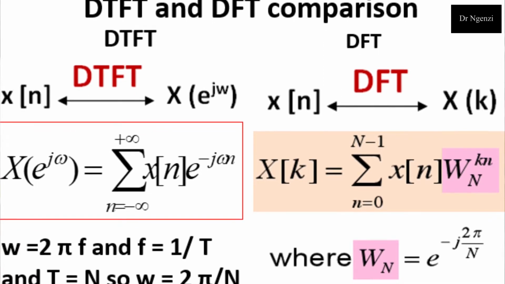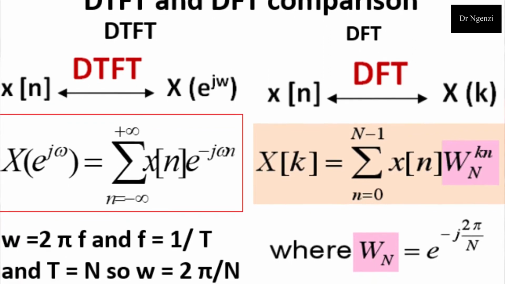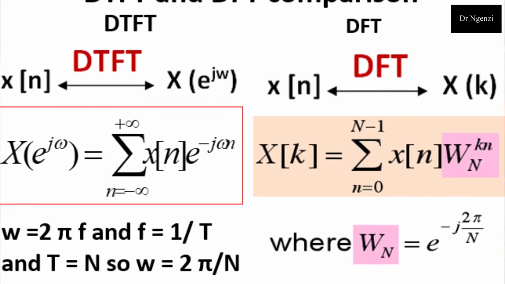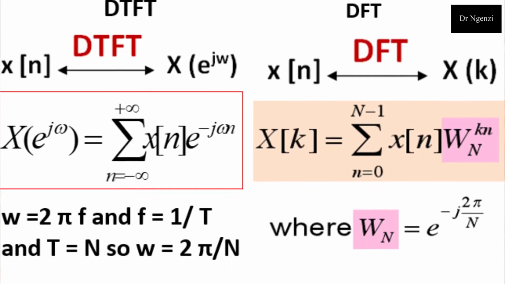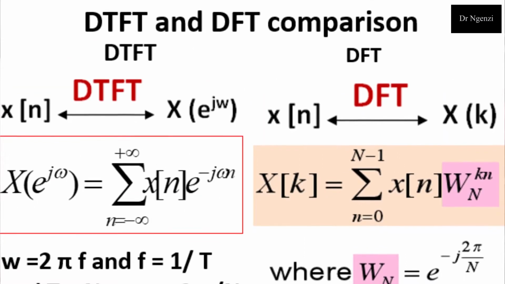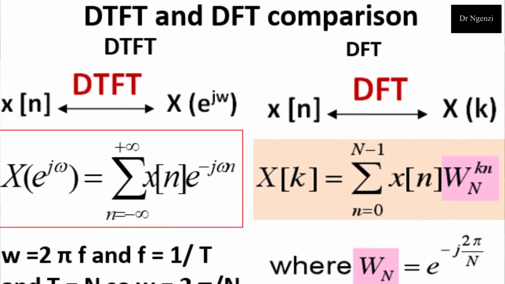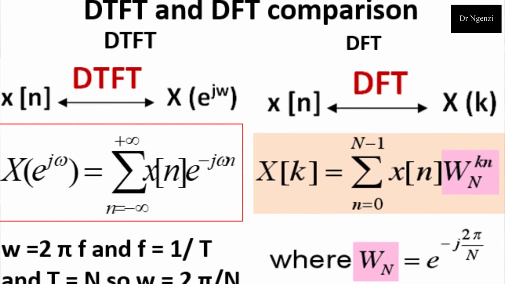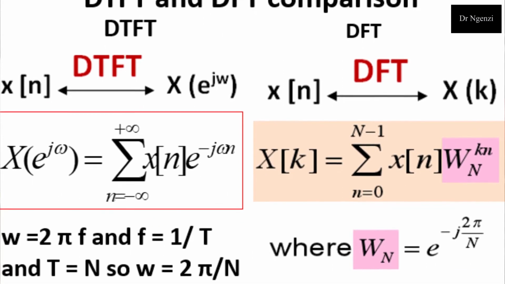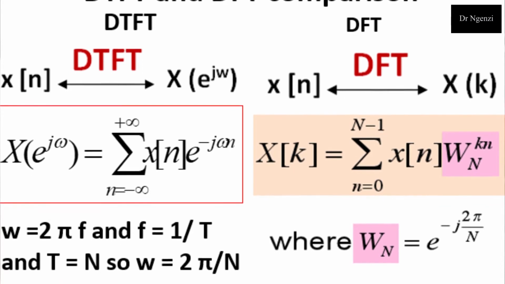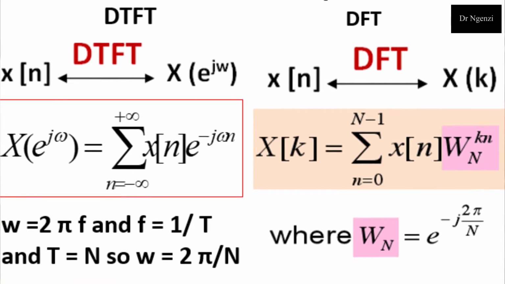That is the difference. Another difference is that the sampling of DTFT can be done in the time domain only. Of course, the sampling of these values is going to be different, and now we are comparing.